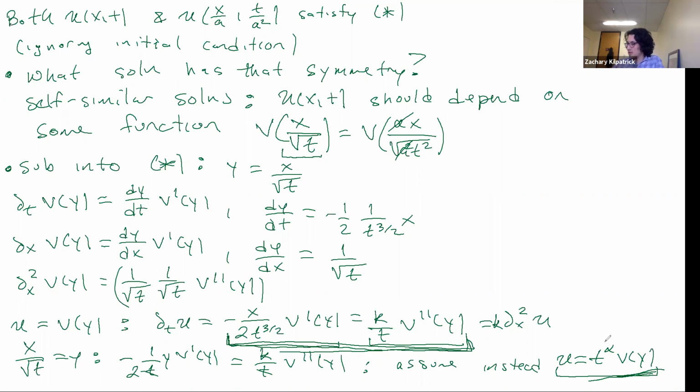But also you should be able to choose the scaling factor so that the solution is properly normalized. So that's why you introduce this weird additional scaling factor. Okay. Other questions? All right.